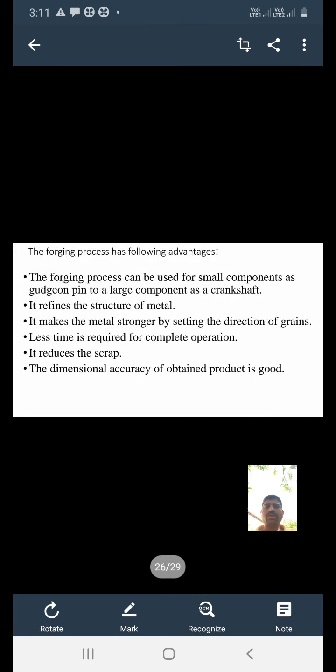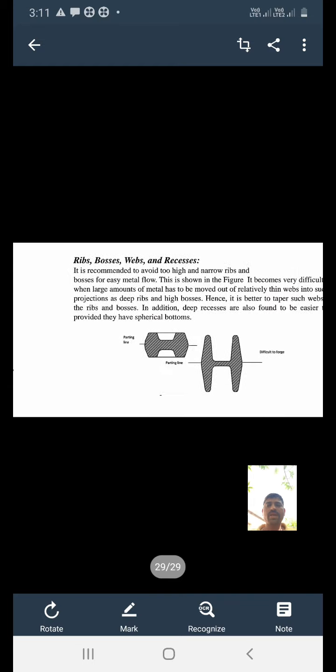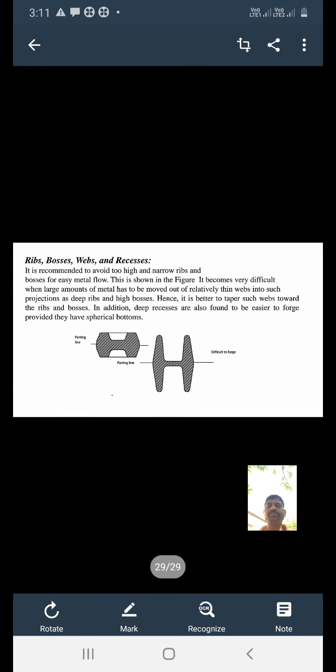This is DFA and DFM, design for manufacturing and design for assembly. Guys, I will give you one suggestion. You have done your project. You have manufactured some parts in your project. You have designed some parts in your project. You have made the 3D model with the help of CATIA software.